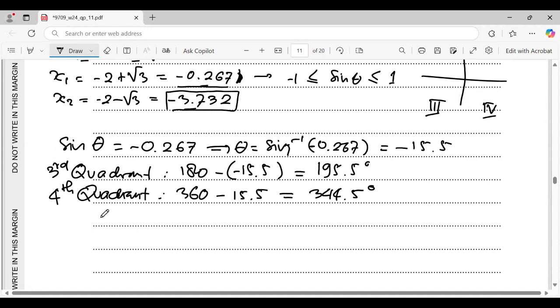So we can say that theta equals 195.5 or 344.5. That's our theta.